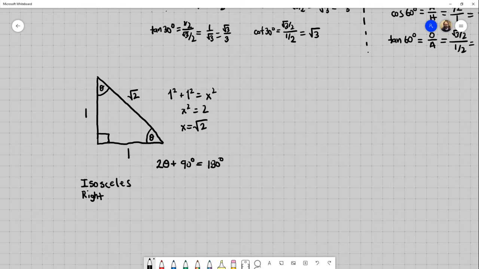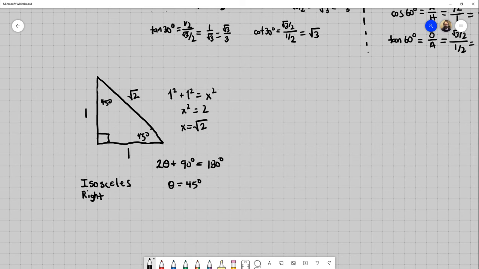And you can solve that to get that your angle theta measures 45 degrees. So both of these angles here are 45-degree angles. And as you might be expecting, we can find the values of the trig functions for 45-degree angles.